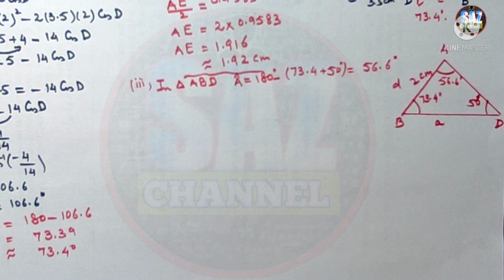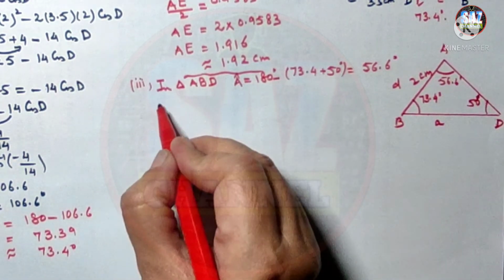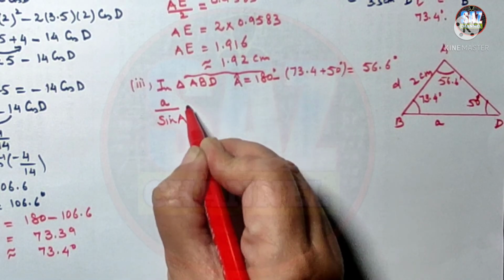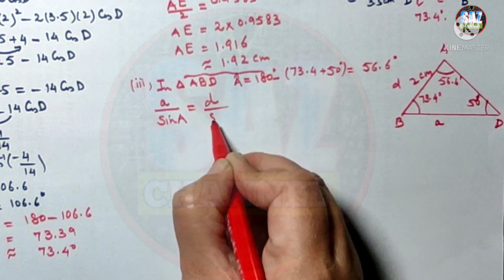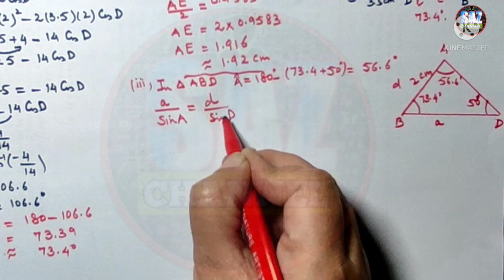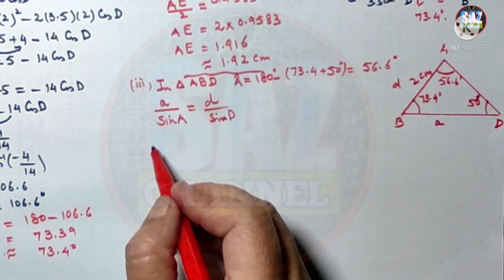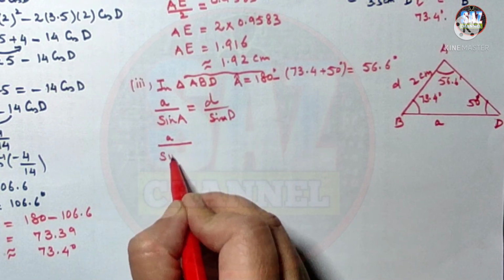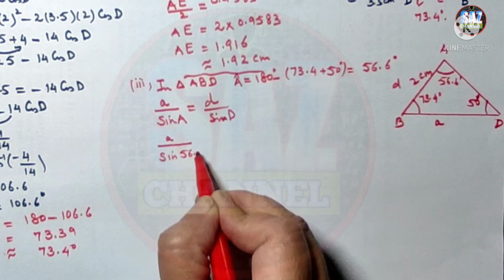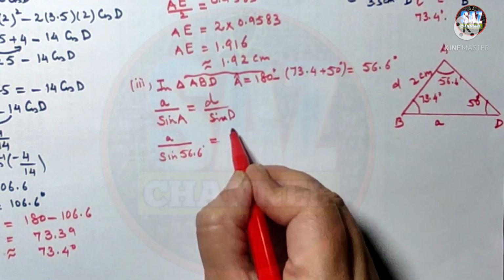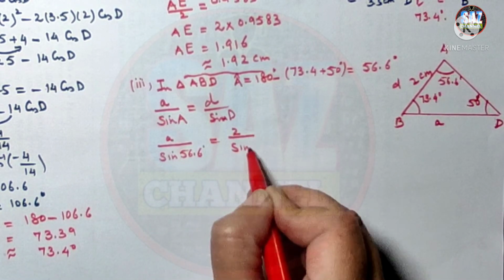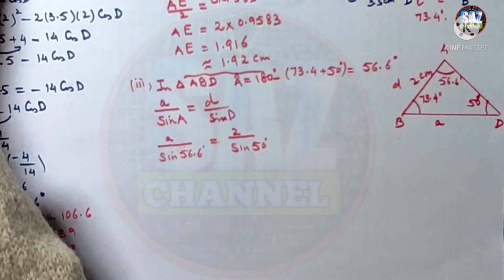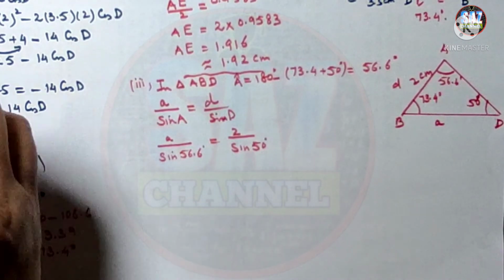Now in order to find BD, I can apply sine law here. A upon sine A equals D upon sine D, where the unknown of the question is BD. So BD upon sine 56.6 degrees equals 2 upon sine 50 degrees. Now we have to check the value of sine 56.6.